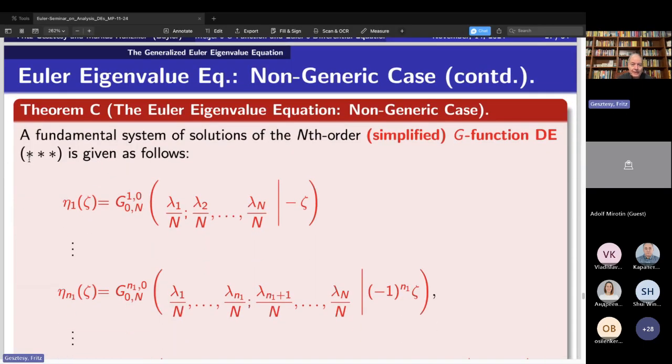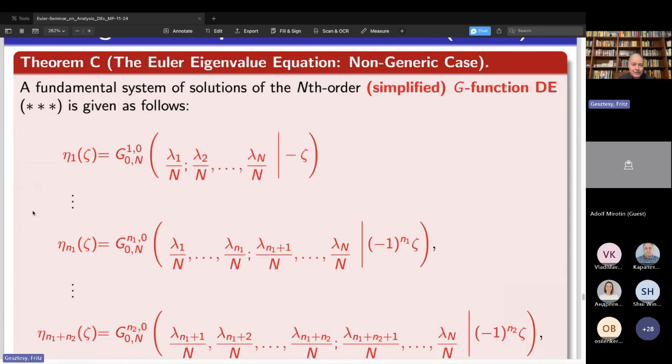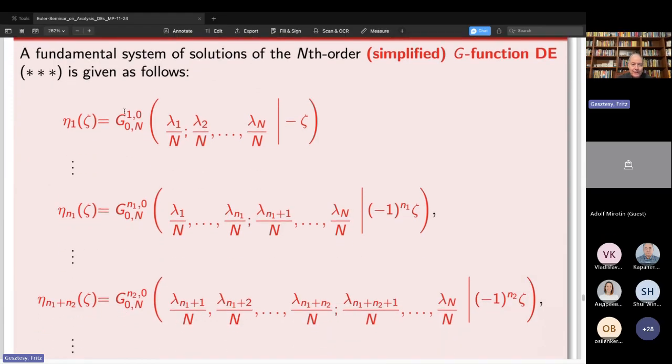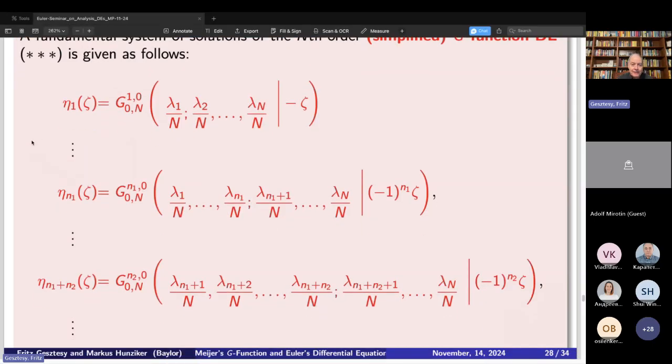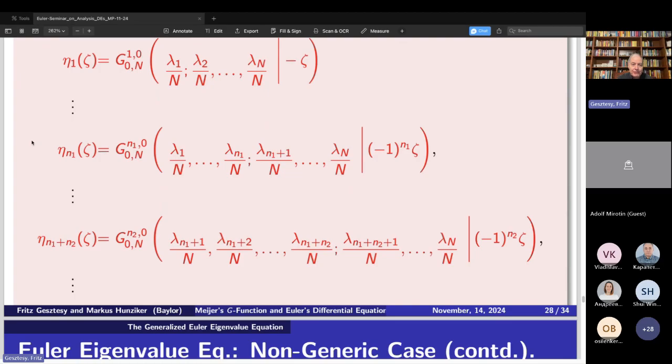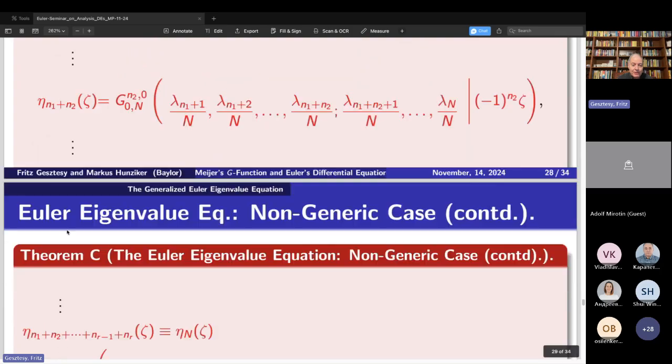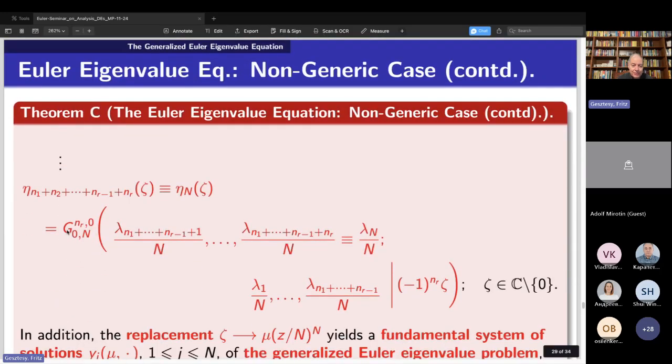So a fundamental system of solutions of the general nth order simplified G function DE 3 star is, I repeat something we had seen already before, given in terms of these G functions. So I now only write down G functions and no longer write Fs, even though I could write Fs in some cases. And again, you go through all the congruence classes. Here's my first one. Then you go on all the way to the last one.